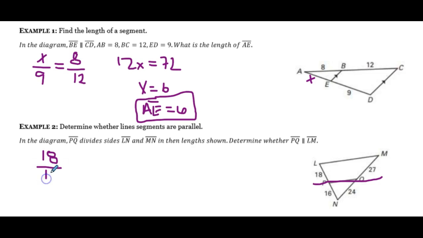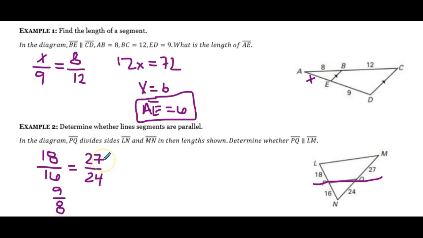So I've got 18 over 16. Is that the same proportion as 27 over 24? This is just simplifying fractions. 18 to 16 can be simplified down to 9 over 8.